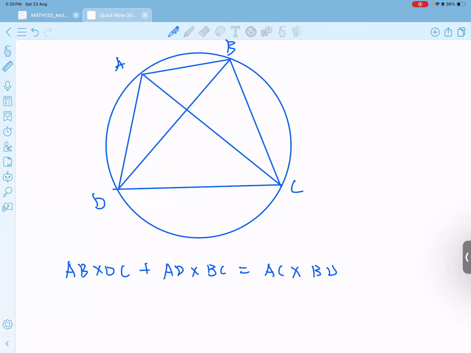From what I remember, you construct a similar triangle because these two angles are equal. I'm trying to figure out the details. Yeah, have a good think about this.